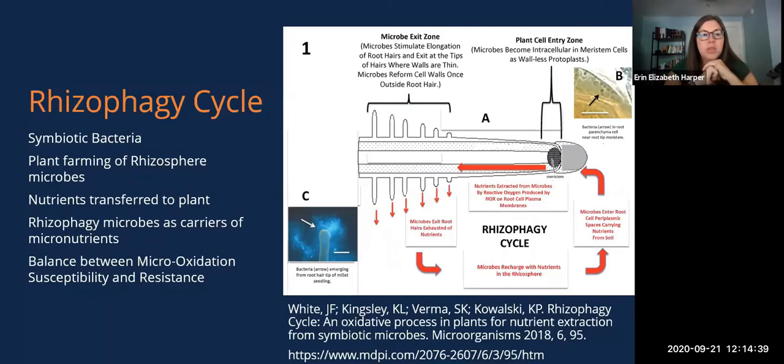But what this is really looking at is that the bacteria and some fungi, they're living in the soil and they're taking up the nutrients. And so it seems now what they're finding is that the plant actually takes up the microorganisms.